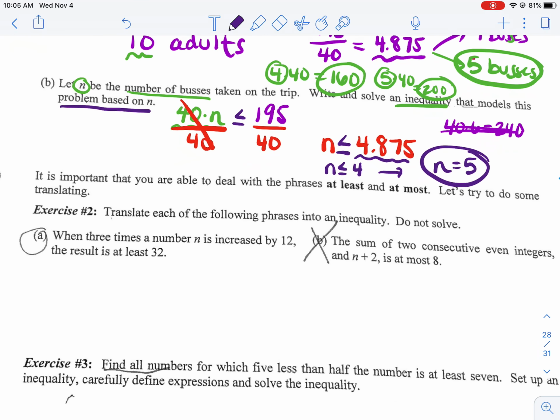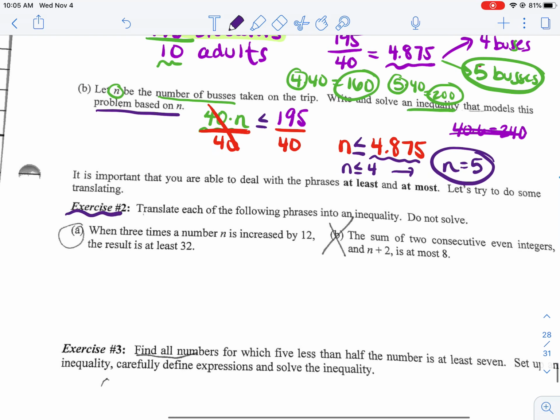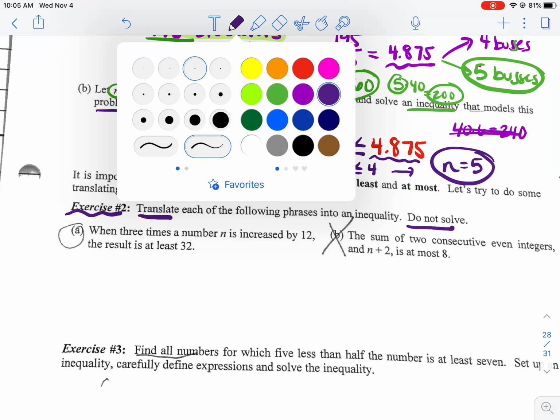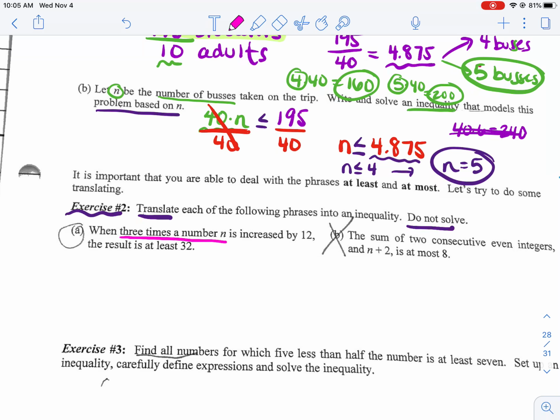We also have some questions like example 2. It says, translate each of the following into an inequality. We don't want to solve, okay? Let me choose a different color. 3 times the number N is increased by 12, the result is at least 32. So here's my number, increased by 12, at least 32. So 3 times N, increased by means to add, at least 32.